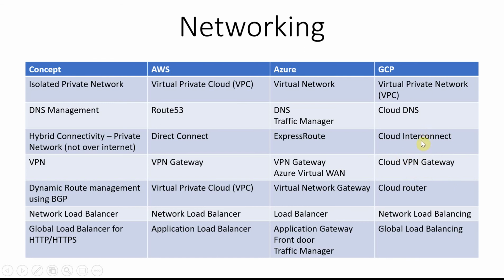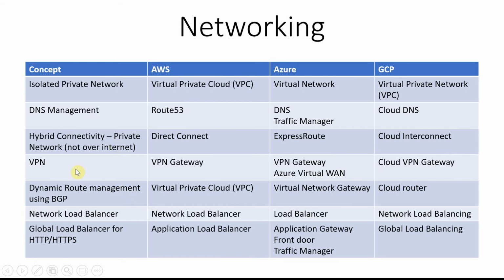Or let's say you're opening a new data center in a different region, and you want to connect that new data center to your network, and it should also talk to the cloud. For all these requirements, if you want to route the traffic between them on a private network, not on the internet, for security reasons, then these are the tools that you can use in the clouds.